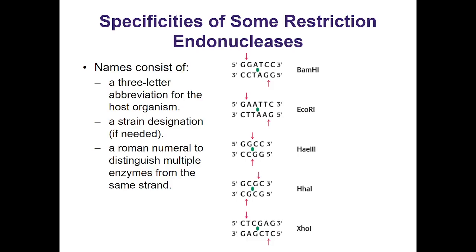But without the rules, it doesn't make any sense at all. So what are we looking at here? What does ECO stand for? Yeah, right? The host. What does this stand for? Yep, you got it. And then this one stands for? 1. Yeah, exactly. Yeah, the enzyme 1, right?